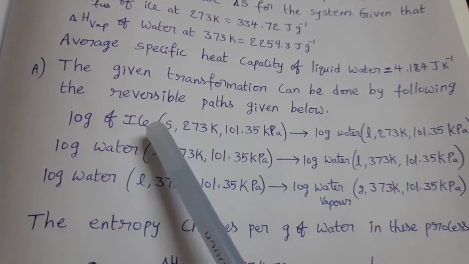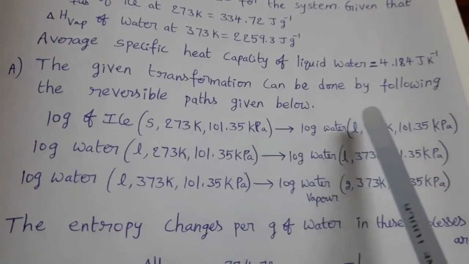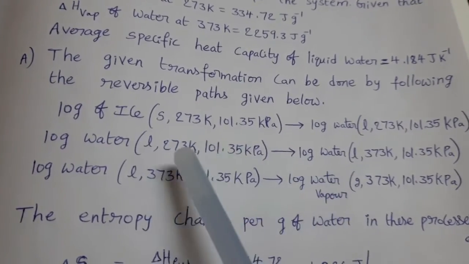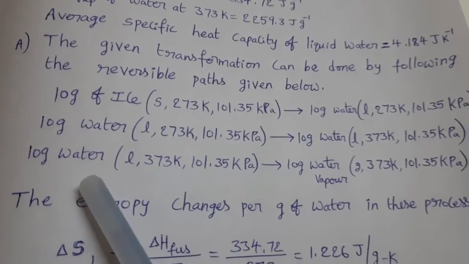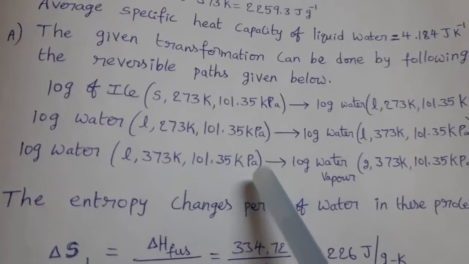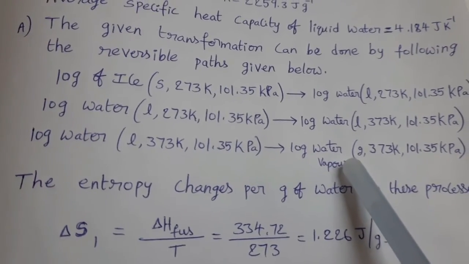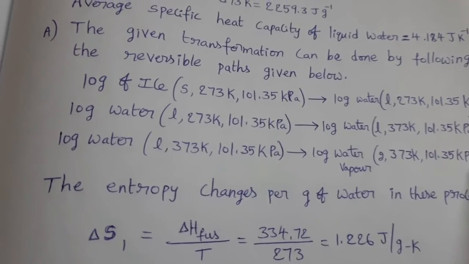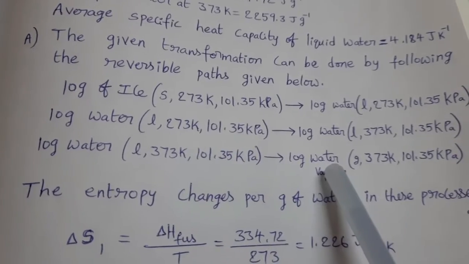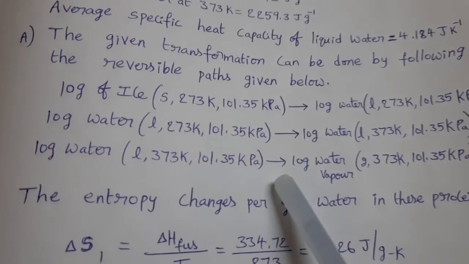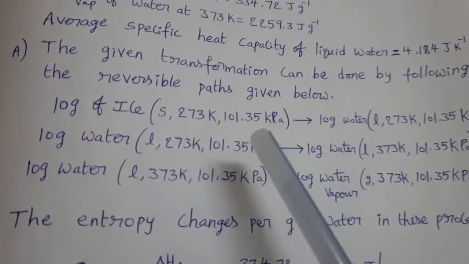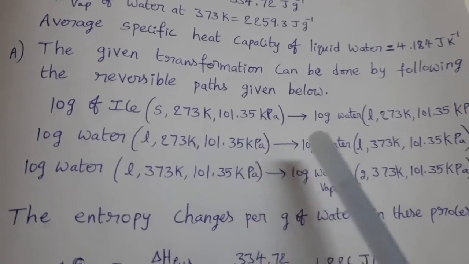In the first case, the physical state changed, temperature and pressure conditions the same. In the second case, the physical state remains constant but temperature is increased. Third one, 10 grams of water at 373 Kelvin, 101.35 kilopascal pressure, changed to 10 grams of water vapor at the same conditions. So in the third step, the physical state is changed. First and third steps, physical states are changed, but conditions are the same. In the second step, the physical state remains the same, temperature is increased.